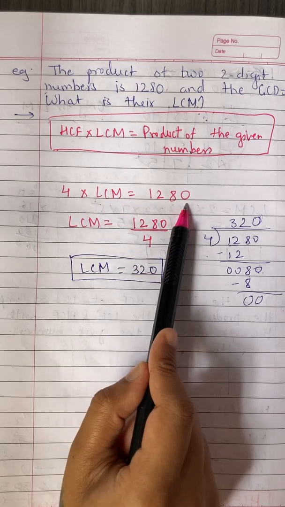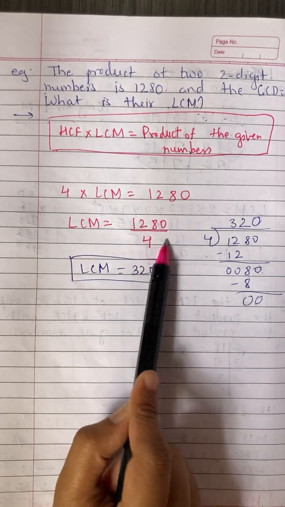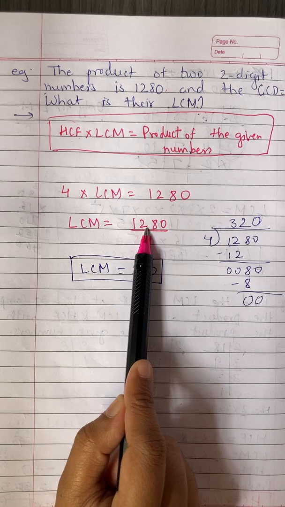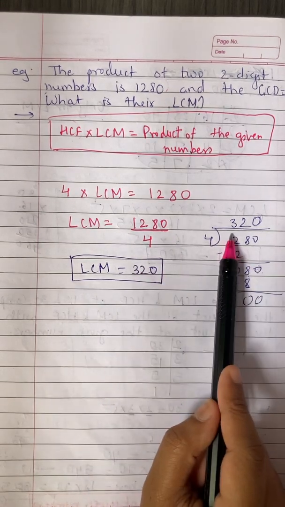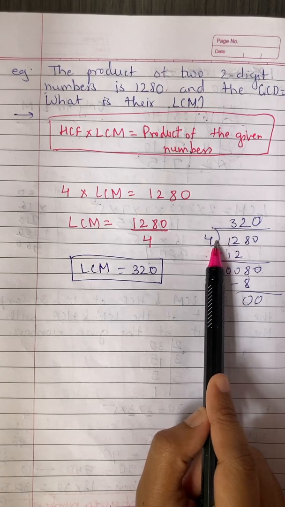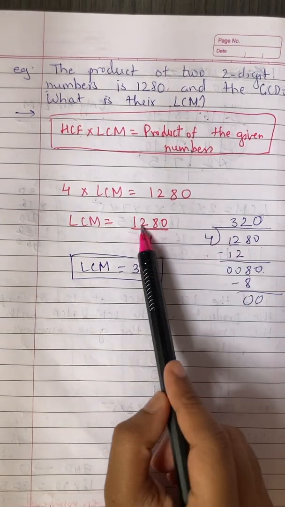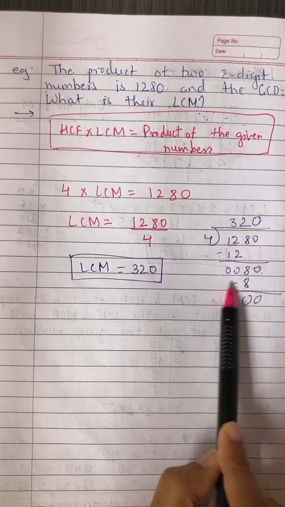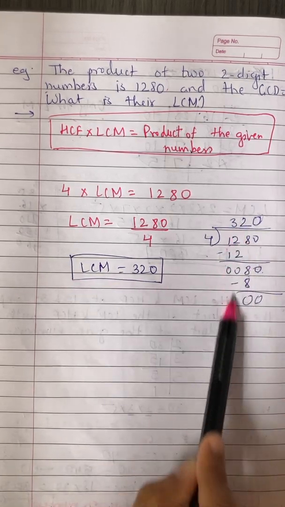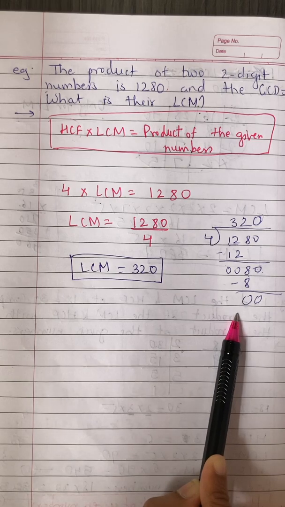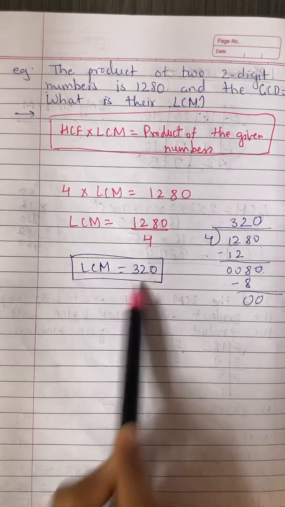If I take it to the other side, it will be divided. So 1280 divided by 4 you have to do. If we do it like this, we will get the answer 320. You can do the division and see it at your home. So LCM here we get as 320.